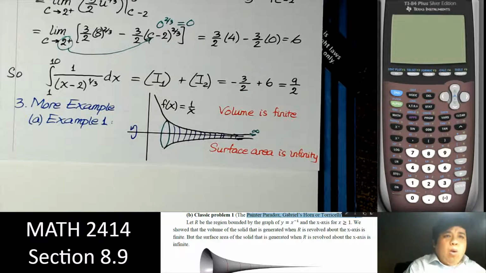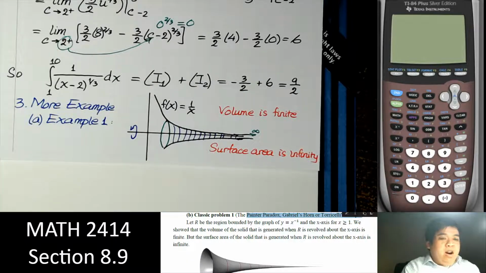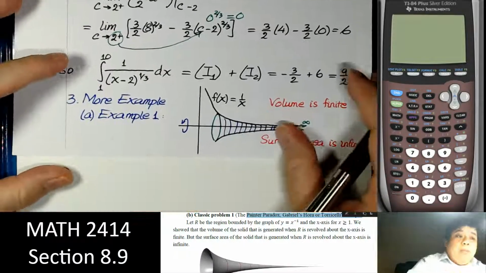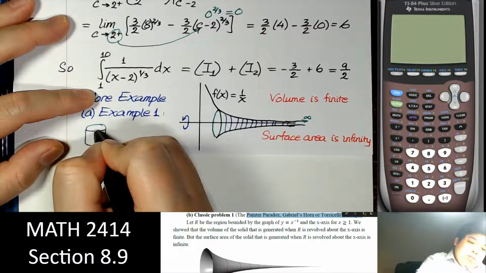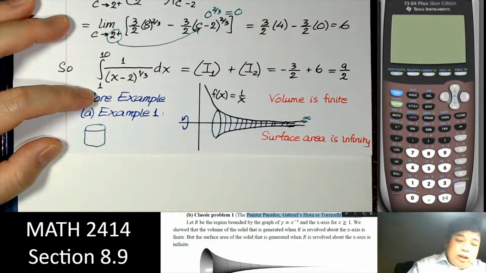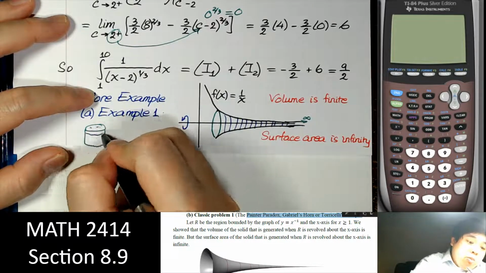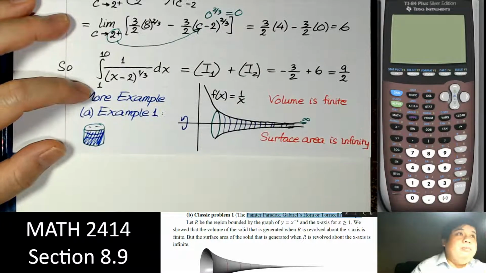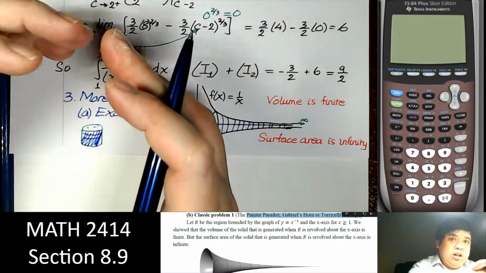So why is that weird? The Painter's paradox. So think about this. Usually if you are a painter, we take a can of paint, right? Full of paint. If we take the paint inside, it will be a lot more than enough to paint the surface area, to paint the outside. So always do that. Doesn't matter the shape of the container.